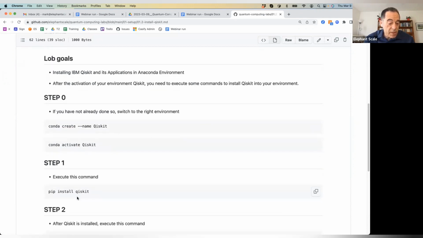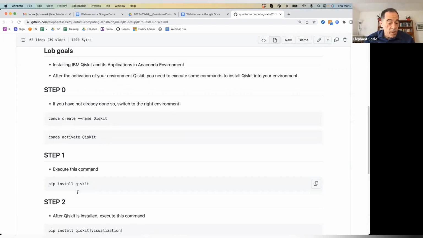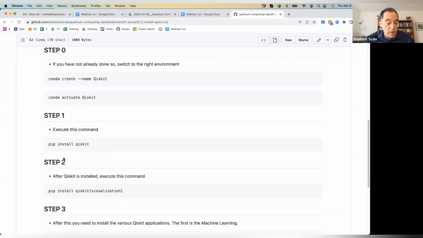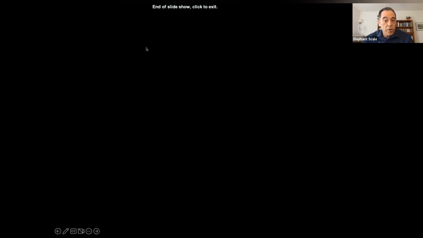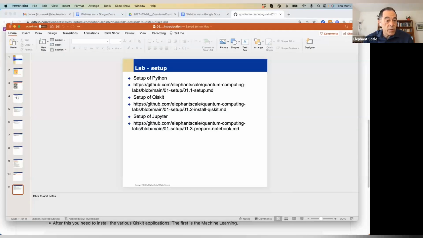I already did that. Then install library called Qiskit. That is IBM library that imitates or really works with the quantum computers. Now we're getting real. So I can do this, but because I already did it, all that will happen now. I think I should close those slides. They're always in the way.